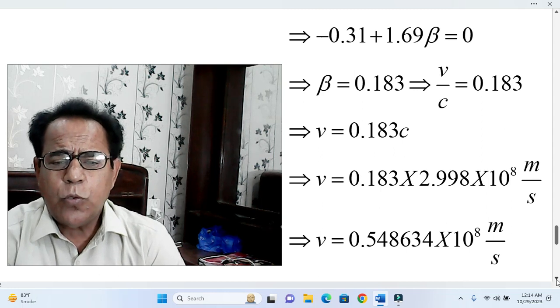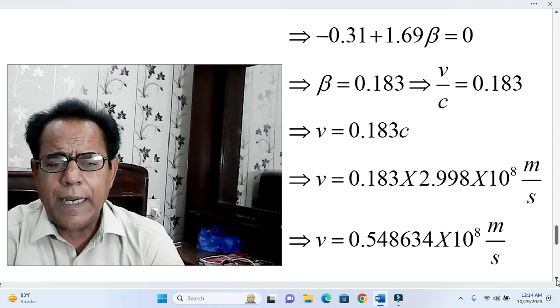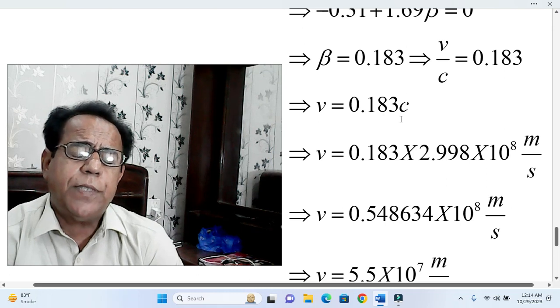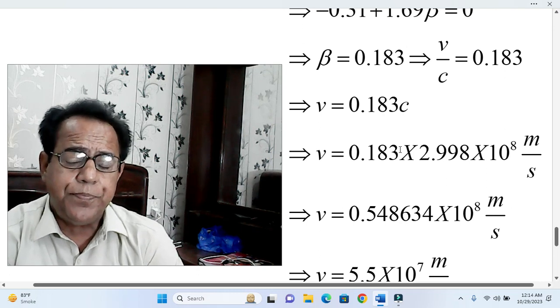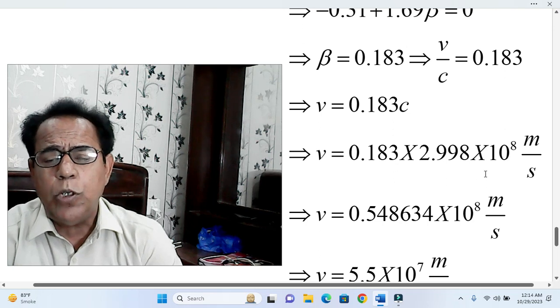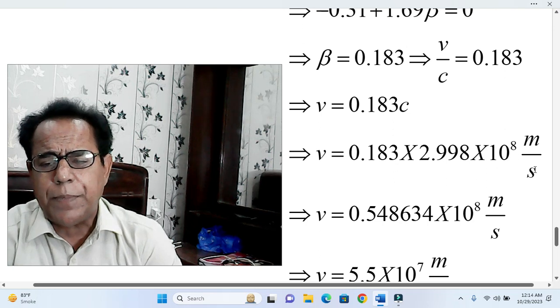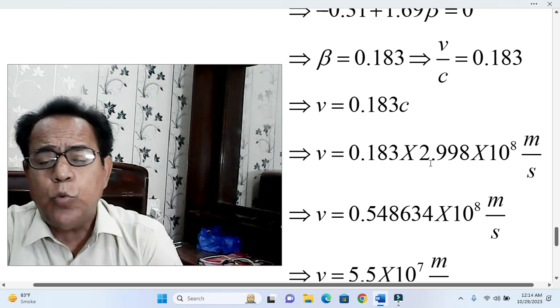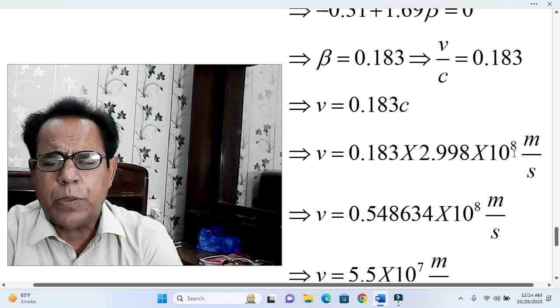Next we have used the value of c. The speed of light is 3.0 into 10 raised to the power 8 meter per second, or sometimes in place of 3.0 we write 2.998 into 10 raised to the power 8 meter per second.